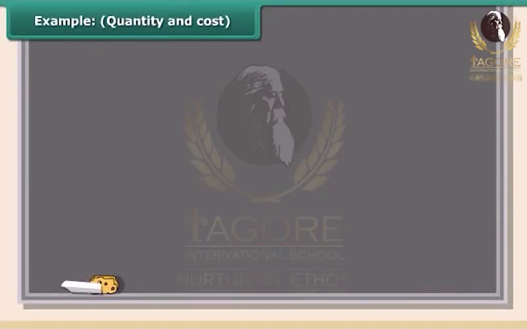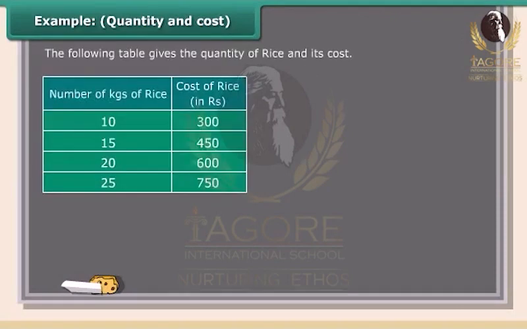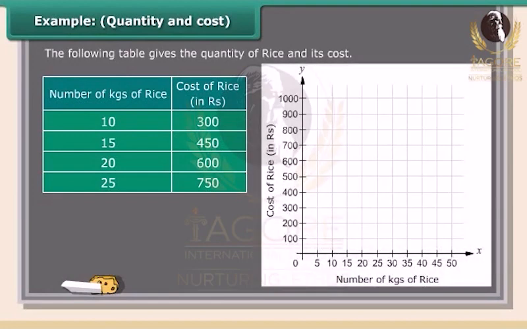Example. Quantity and cost. The following table gives the quantity of rice and its cost. Plot a graph to show the data. 1. Mark the number of kgs of rice on the x-axis, the horizontal axis, with 1 unit equal to 5 kgs. 2.